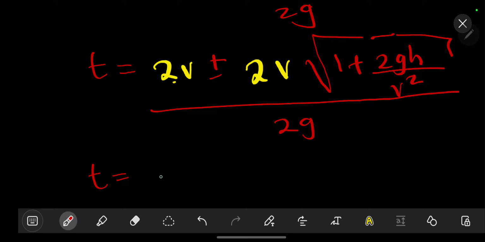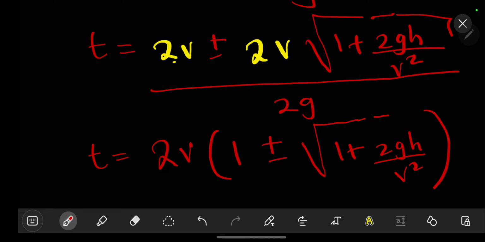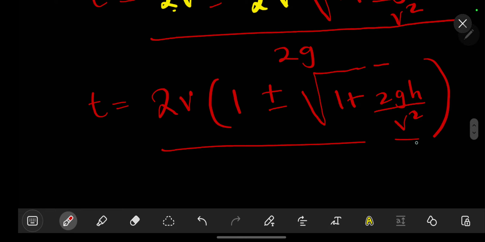So we can say 2v, when we factorize like that. If we remove that value, we are going to remain with a 1 plus or minus the square root of 1 plus our 2gh over v squared, like that. So this is what we have. Then we have over our 2g, like that.